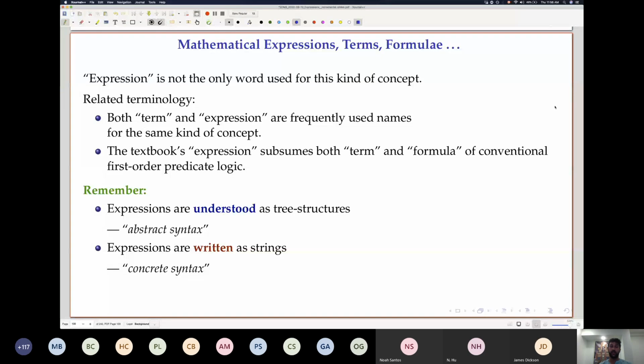Whereas a concrete syntax is one that you write in day-to-day life to make your life easier. Concrete syntax puts infix operations in the middle, instead of having them at the very front for trees. And it has parentheses to help with precedence, right? This is a key difference. Trees don't have parentheses, because they don't need them.